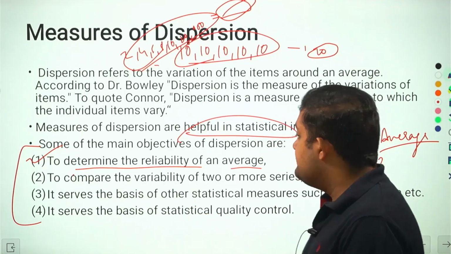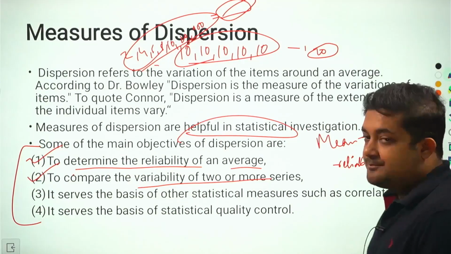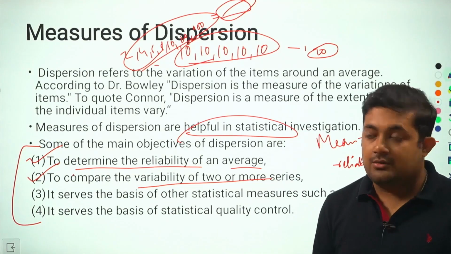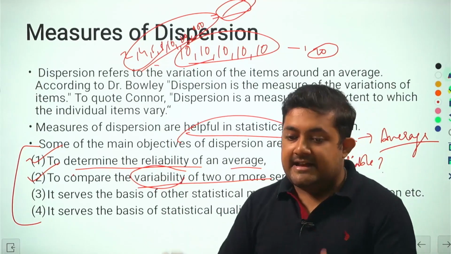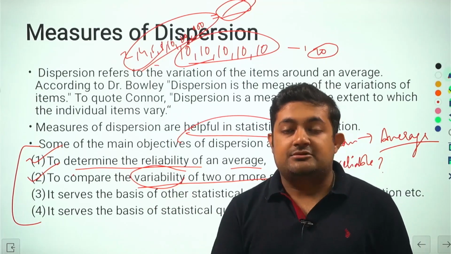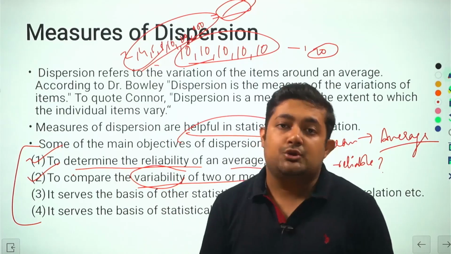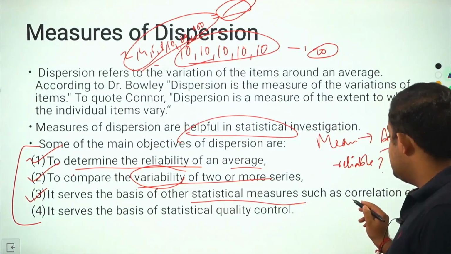The second is to compare the variability of two or more series. To compare two series, series X and series Y, we use measures of dispersion to compare their variability. Third, it serves as the basis of other statistical measures such as correlation.